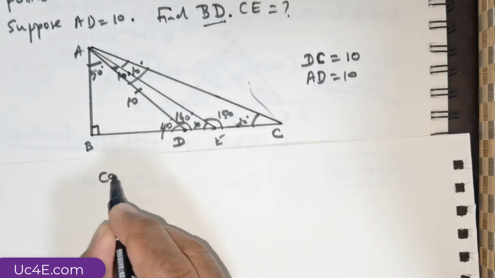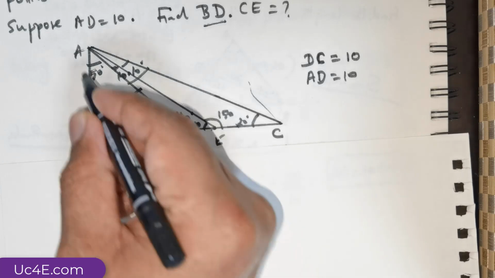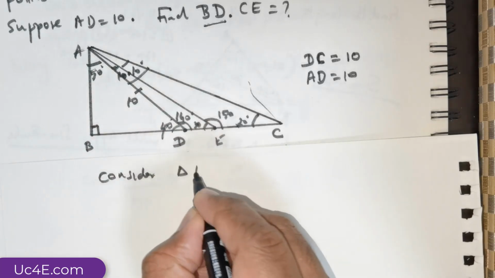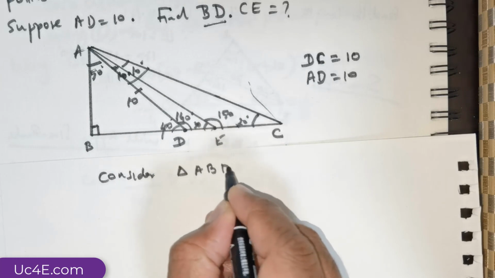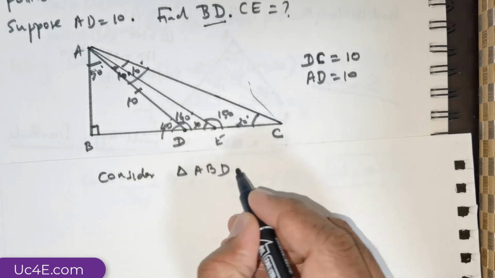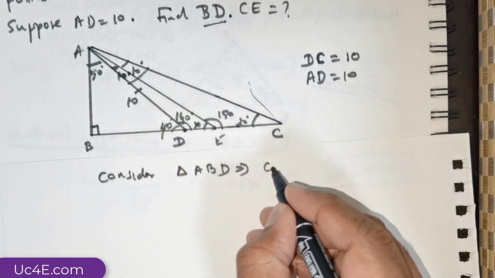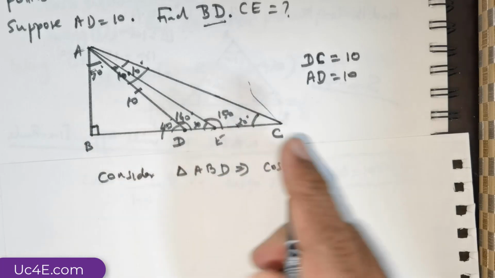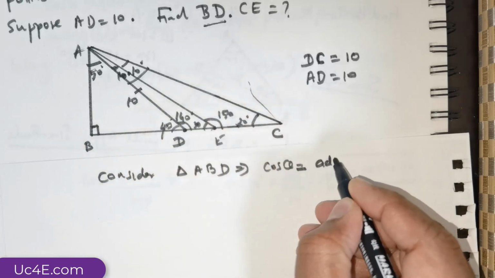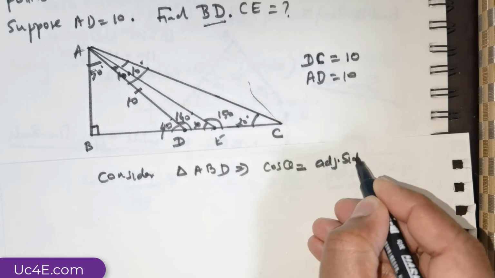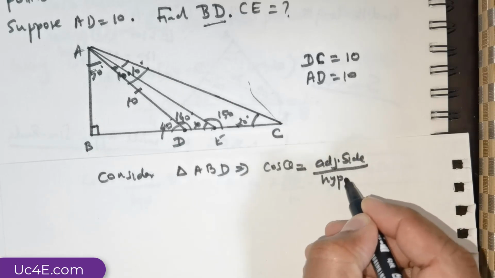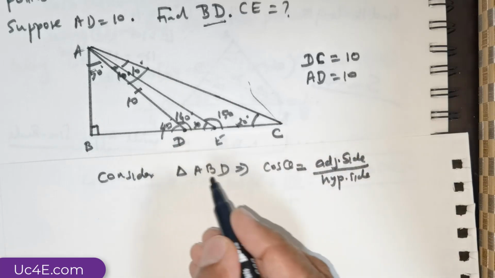Now let me write that down here. Consider triangle ABD. Now if I were to take cos 40, cos theta, what is cos theta? Cos theta is equal to adjacent side divided by hypotenuse side.